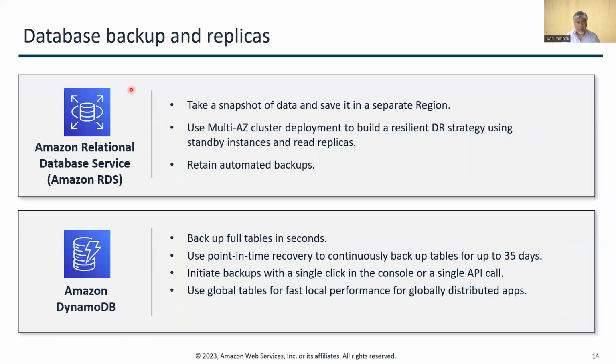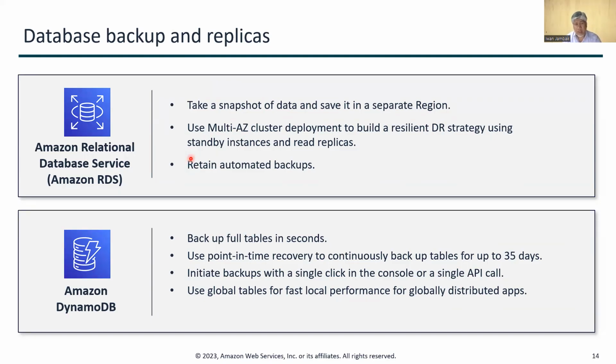Database backup and replicas. In RDS, you can take the snapshot of data and save the snapshot in a different region. Again, same like we did for the EBS, you can take a snapshot and you can store it in S3 in the different region. And then you can also use the multi-AZ cluster deployment.